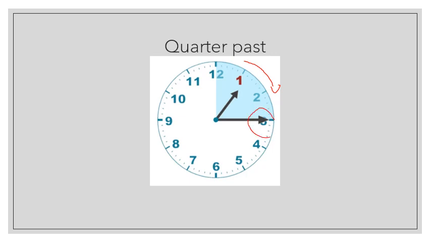Okay, the move kepada nombor 3. So when the long hand pointed to number 3, we're going to mention this word first, quarter past, then followed by the number on the short hand.